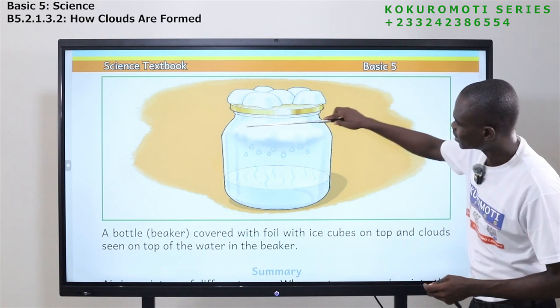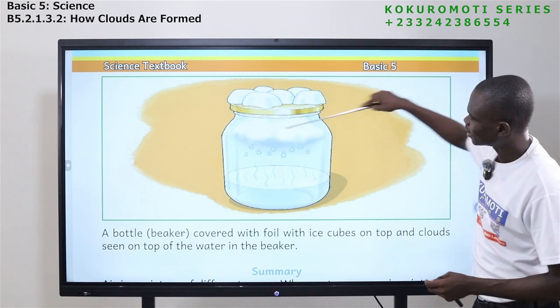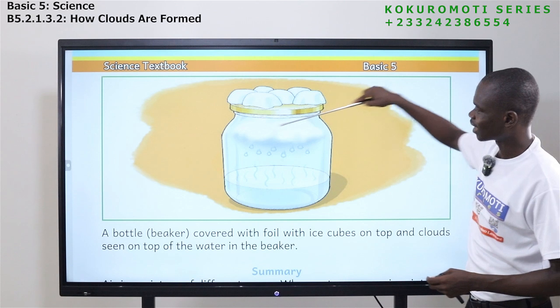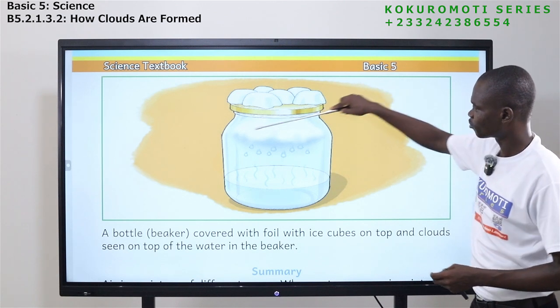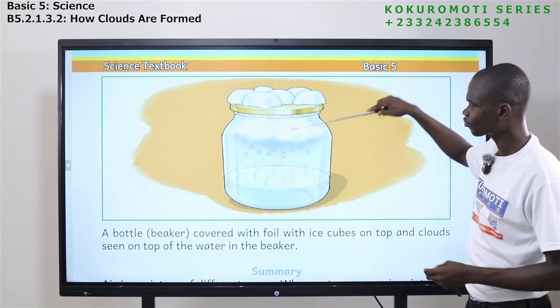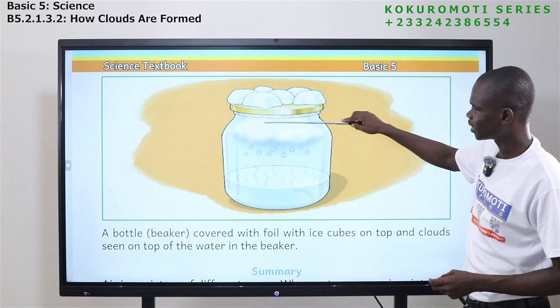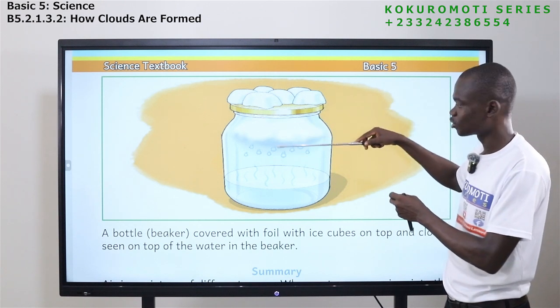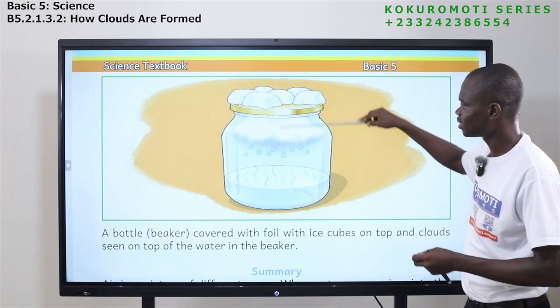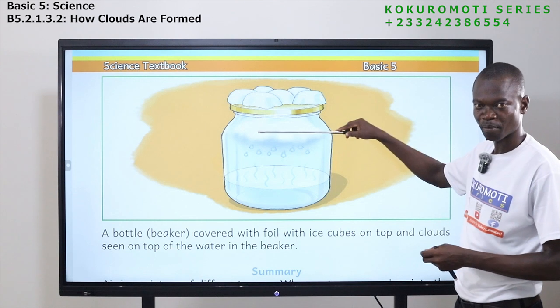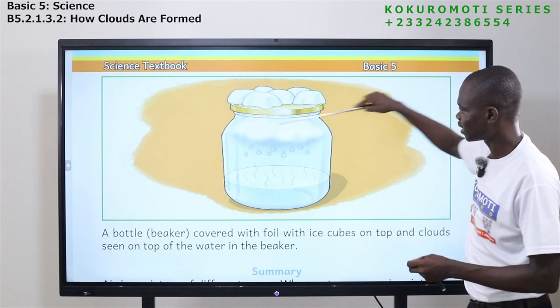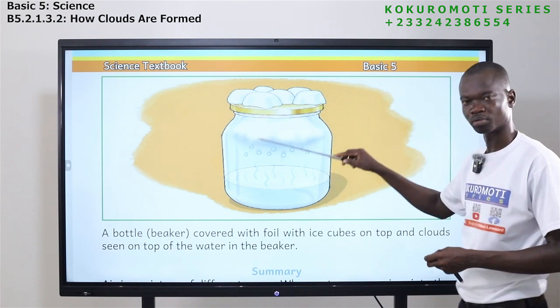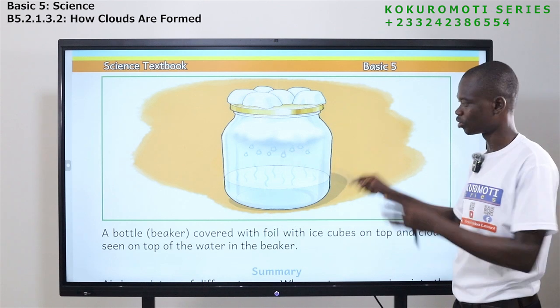If you can see this side, all this side is water droplets that have been formed. The vapor will go here. When it gets here, it will condense. So when it condenses, it changes into what? Water. And then it forms clouds here. Later, it will drop as rain.